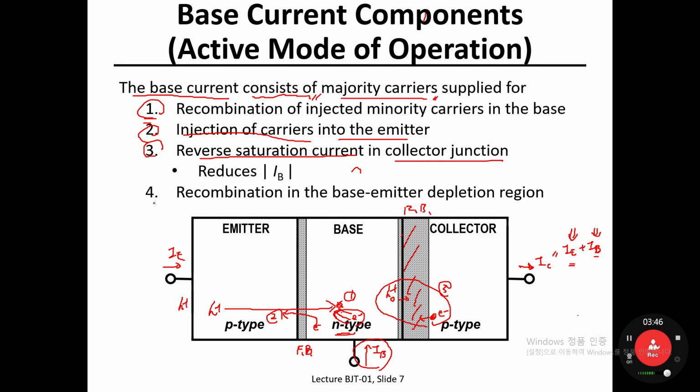The last component of the base current is the recombination in the base-emitter depletion region. Here holes have been injected into the depletion layer, and electrons have been injected into the depletion layer, and recombination events happen within the depletion layer between emitter and base. As we have learned, under a forward biased PN junction, the holes diffuse into the N side and electrons diffuse into the P side.